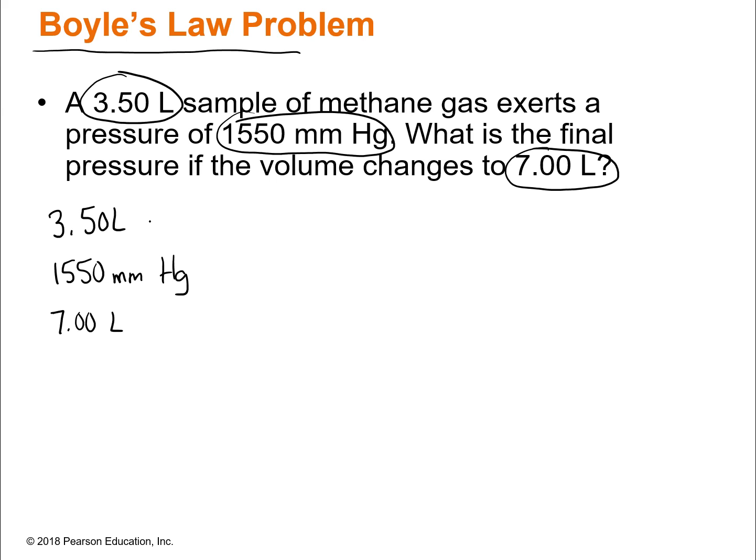Anything that's got liters or milliliters is going to be a volume. And this first sentence describes what our initial conditions are. So this is our V1, the initial volume. And the 1550 millimeters of mercury is our P1, our initial pressure. What is the final pressure if the volume changes to 7 liters? That wording tells us that the 7 liters is the final condition for the volume, V2.